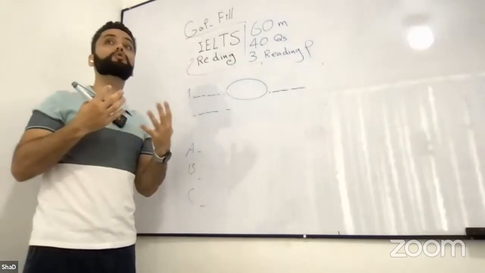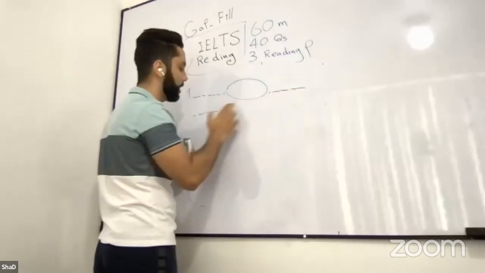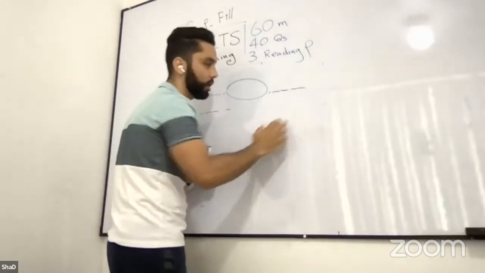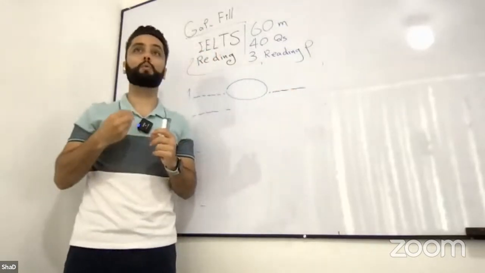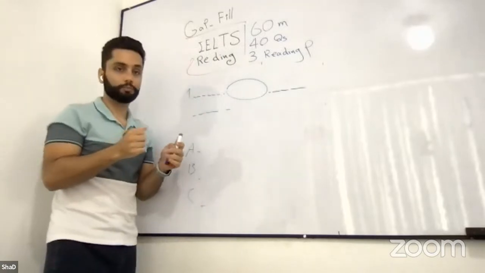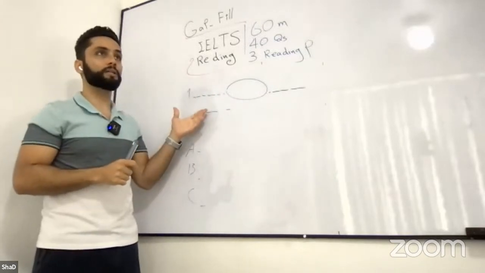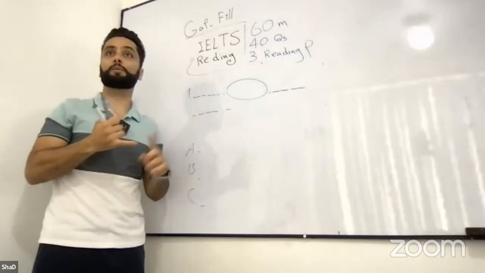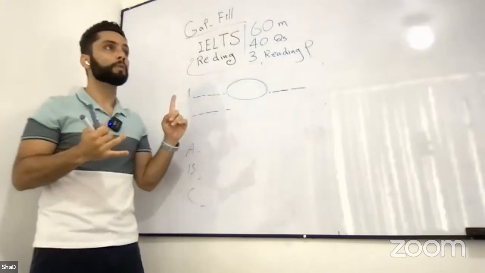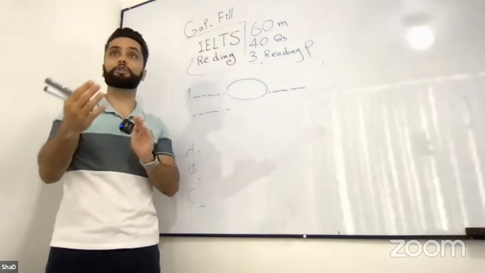So the way that you do it is by highlighting a couple of keywords. What are keywords? Keywords are important words that carry meaning. So for example, it could be a date, a number, a location, a city, a country.